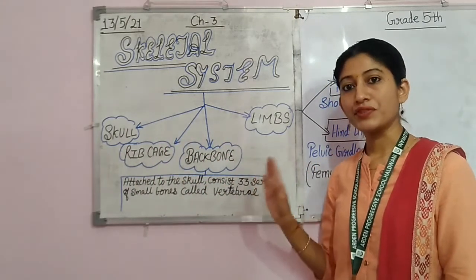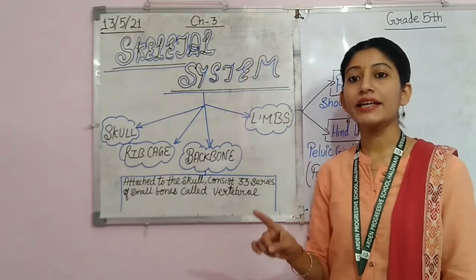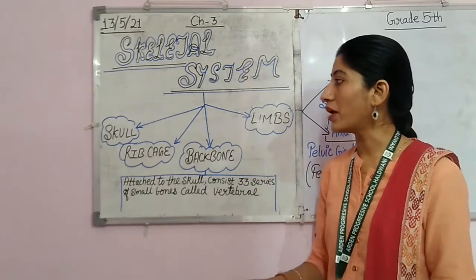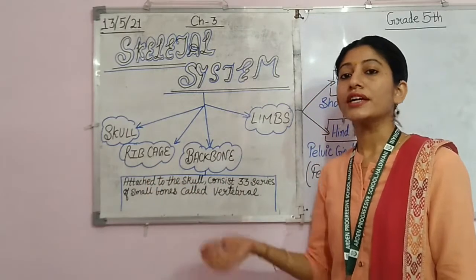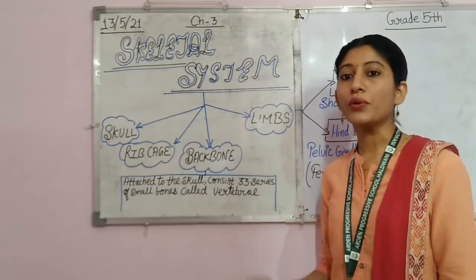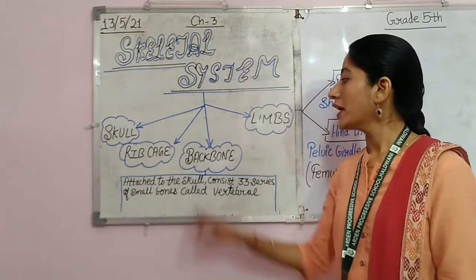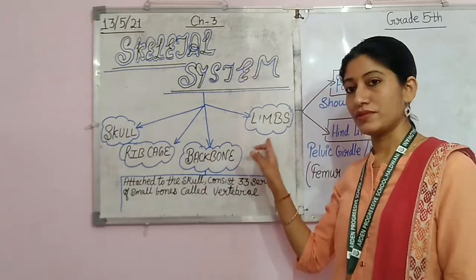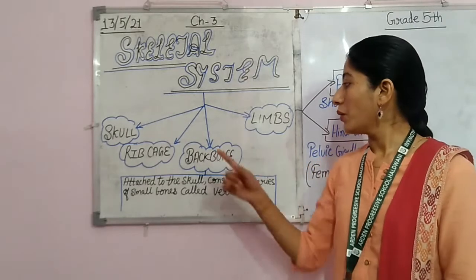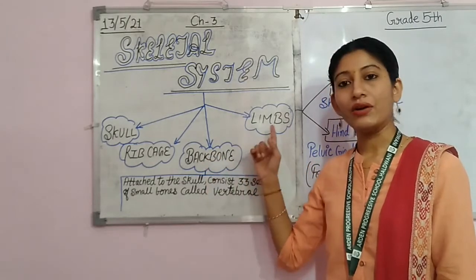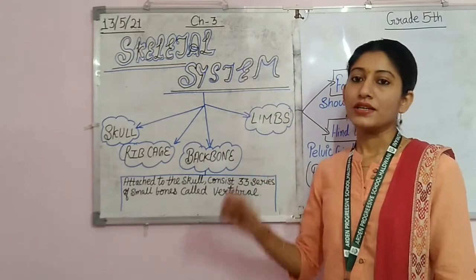Okay, this I have told you in the previous video, and there we also discussed the skull and rib cage. So students, in today's video we are going to discuss what is backbone and what are the limbs.